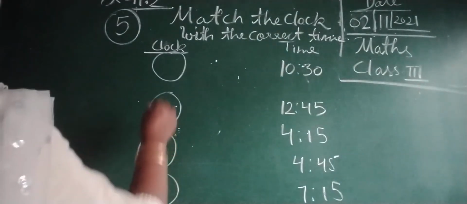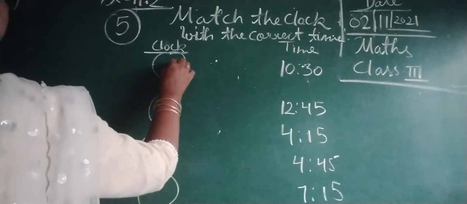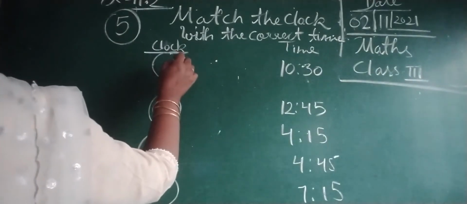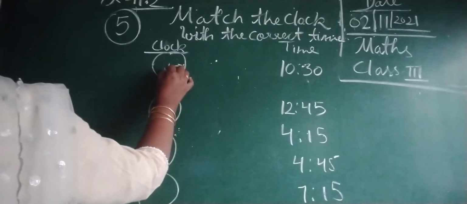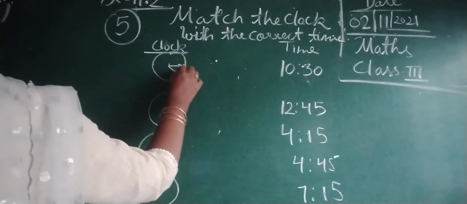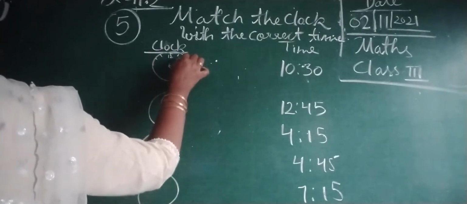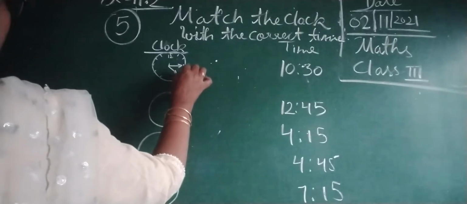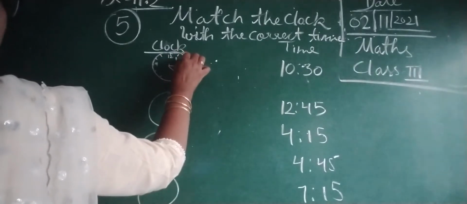This is the first clock is showing us, okay, at 3 and at 4. So this is 12. Just draw fast. Okay, this is 9 and this is 3. This is 1, 2.